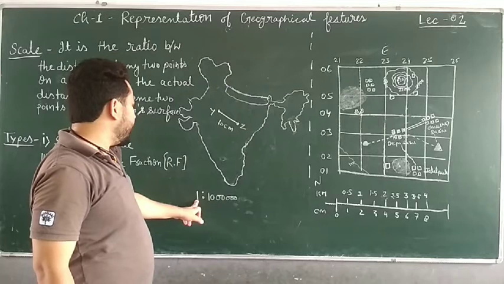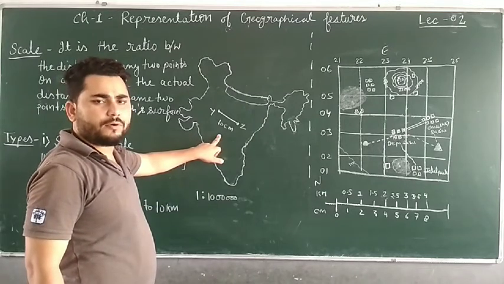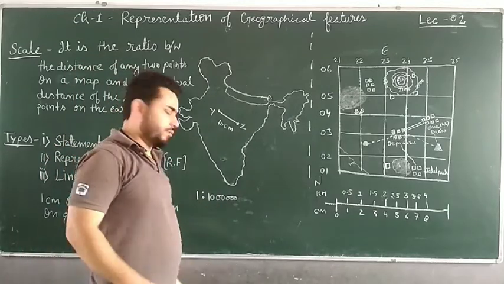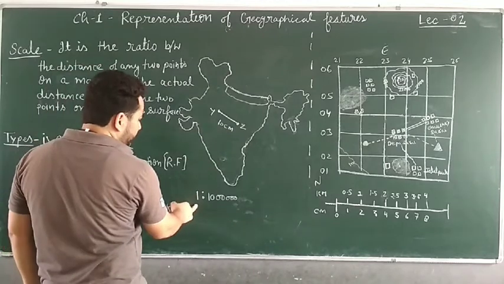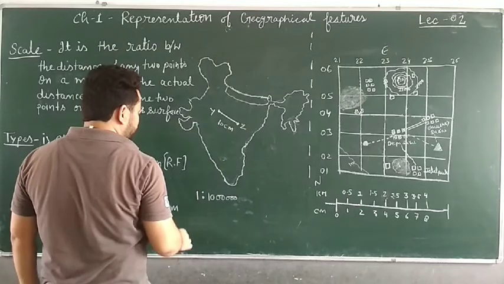Here they are saying that 1 unit on map will be equal to 10 lakh units on ground. So here we will take centimeter, and here also we will take centimeter. Now it is 10 centimeter, right?